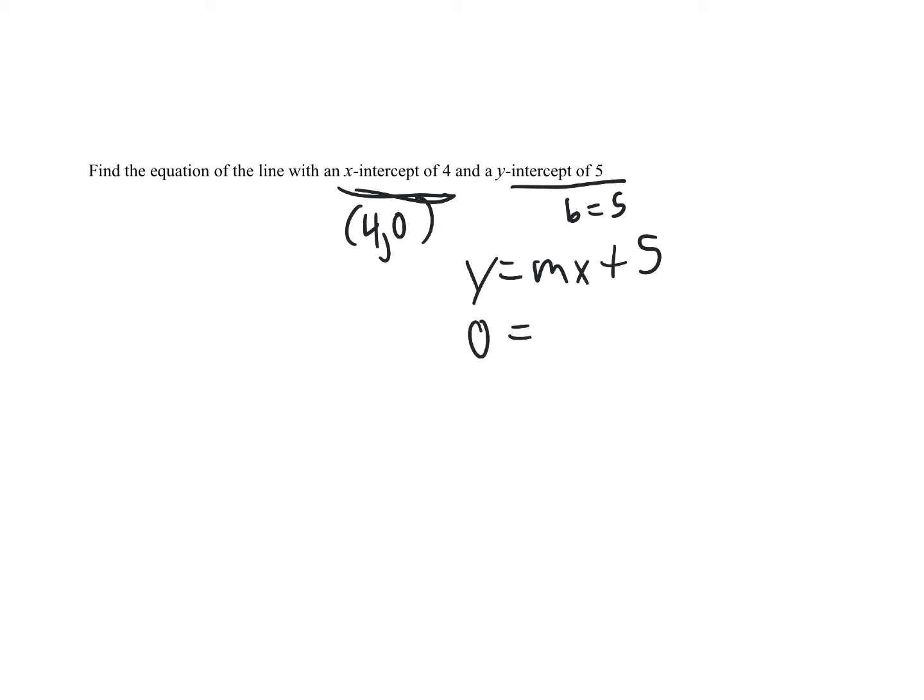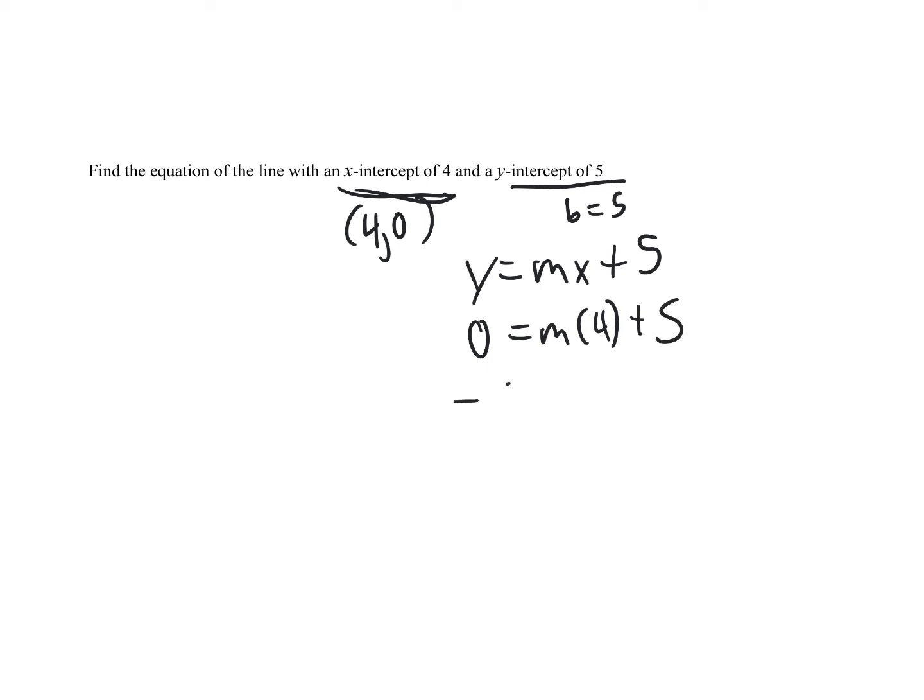There's another example where we've given you the x-intercept and the y-intercept. So as long as you have any 2 pieces of information, you can find the equation of the line. Now the y-intercept, we know that's your b value. So we know y equals mx plus 5. And then we can use this point, x-intercept of 4, as a point for 0. So plug in 0 equals m times 4 plus 5.